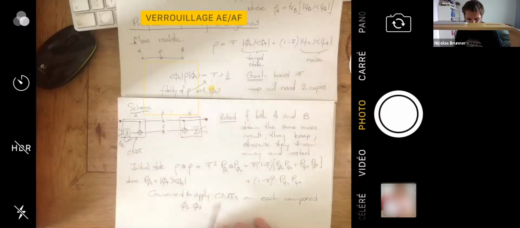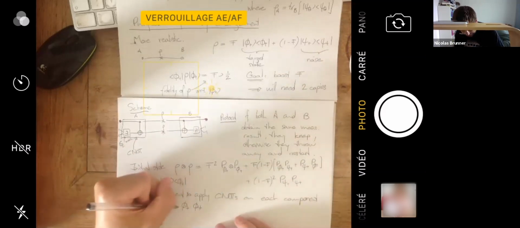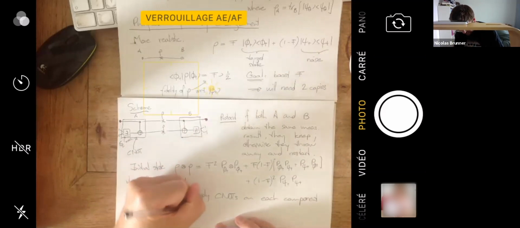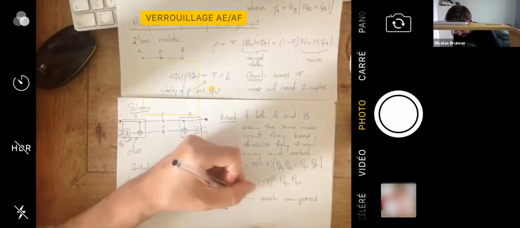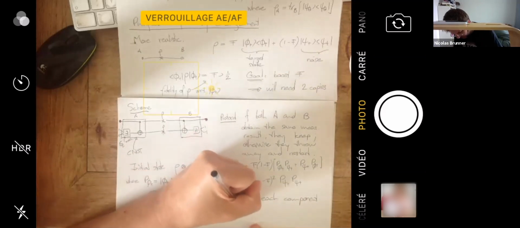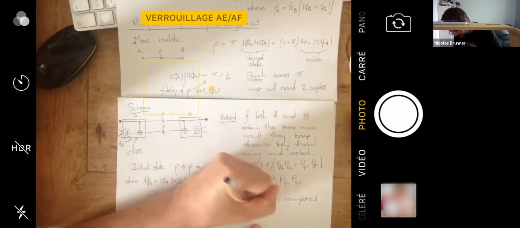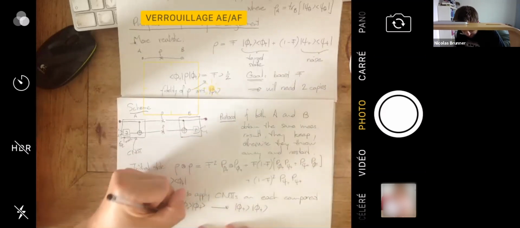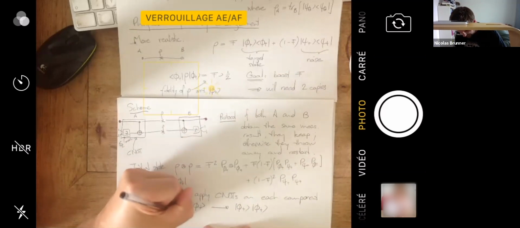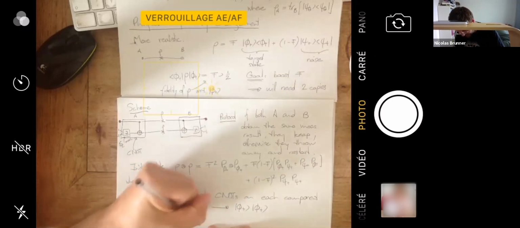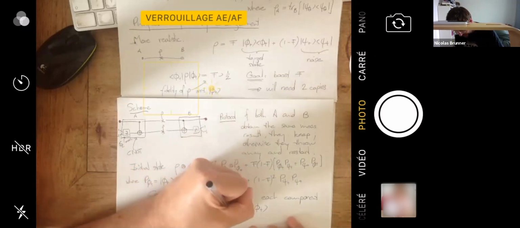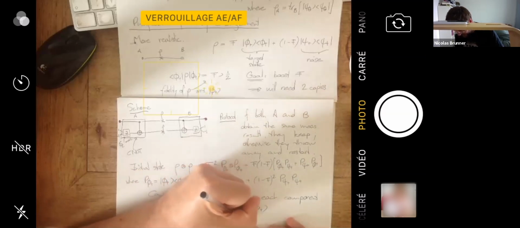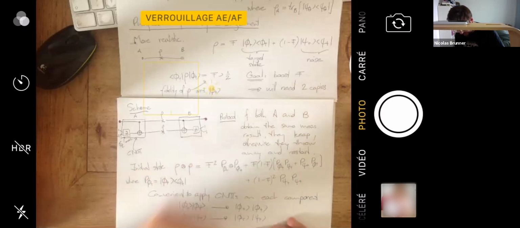Because each term now corresponds to a pure state, maybe I just write it like this. When you have phi plus, phi plus, you can check, it will actually go to phi plus, phi plus. If I have phi plus, psi plus, this will go to phi plus, psi plus.